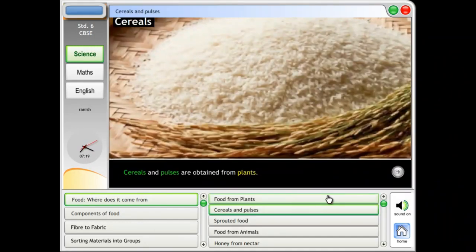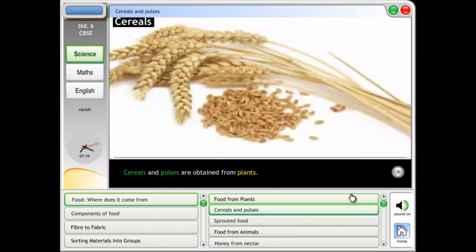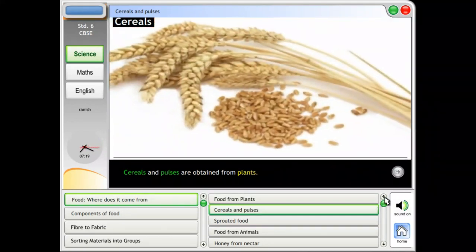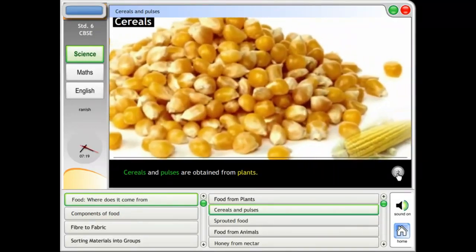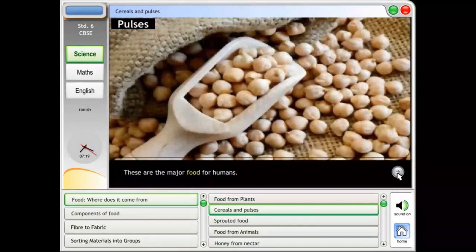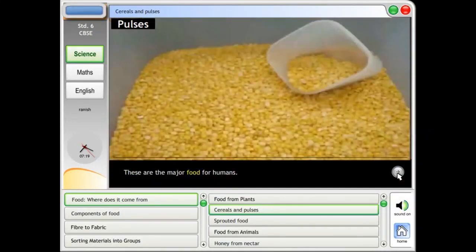Cereals and pulses. Cereals and pulses are obtained from plants. These are the major food for humans.